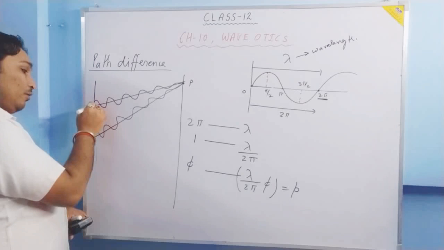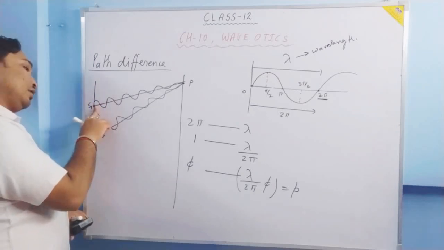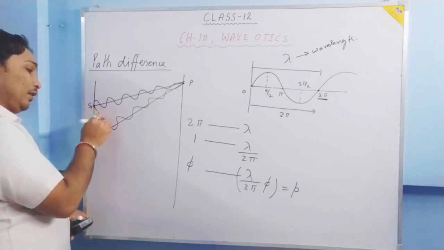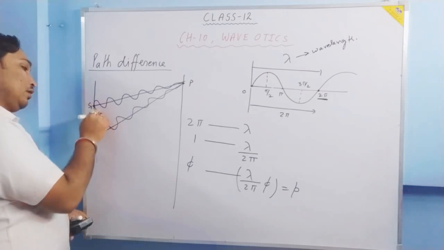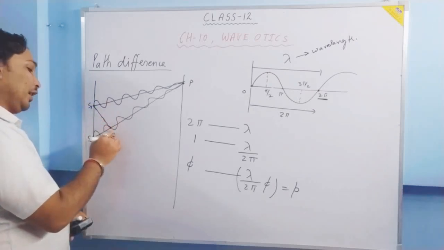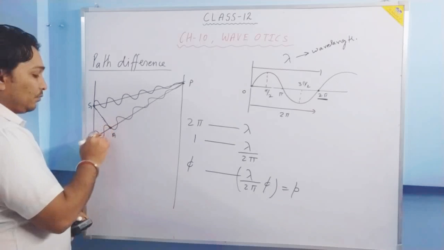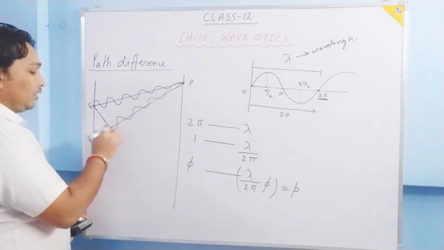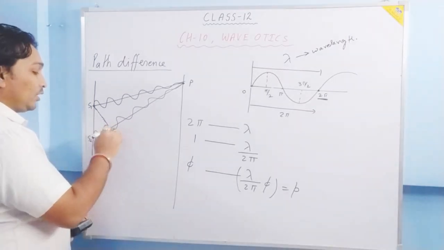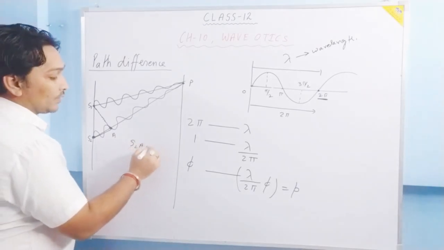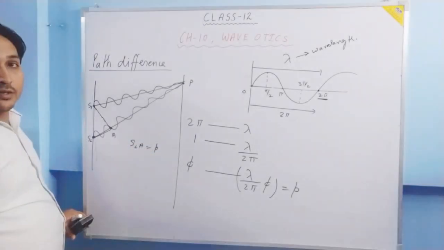So when we draw a perpendicular over here, suppose this is your perpendicular A, this wave travels this much path extra. So this S2A is called path difference.